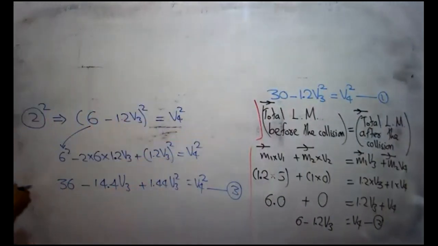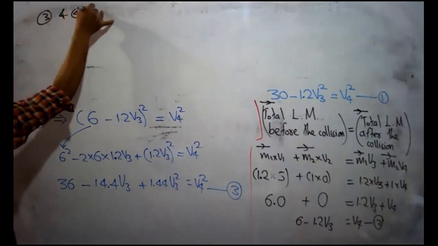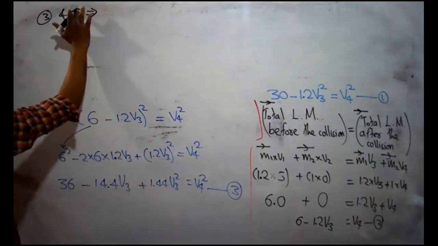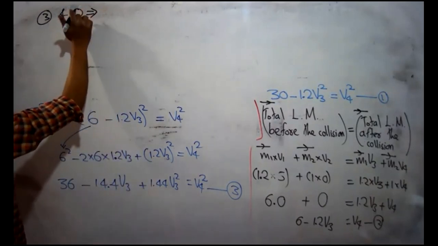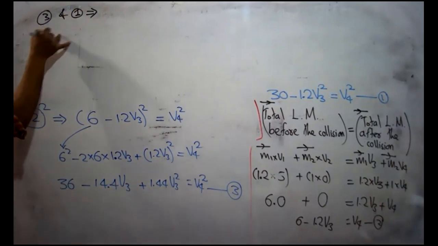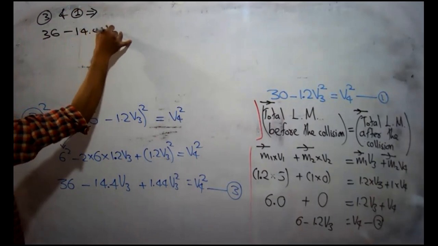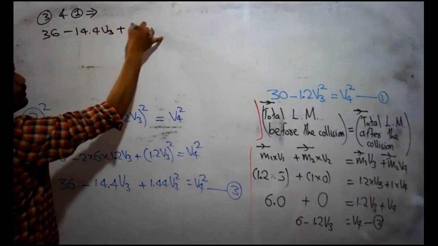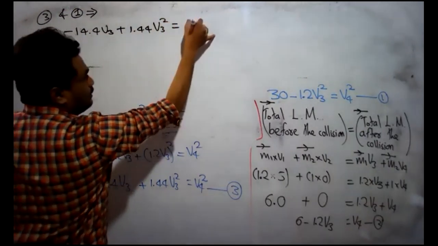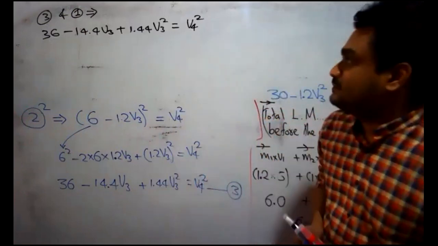The third equation tells us, I'm going to combine equations 3 and 4. Sorry, 3 and 1. The third equation tells us 36 minus 14.4 times root 3 plus 1.44 root 3 square equals root 4 square. Am I right there? This is what the third equation tells us.